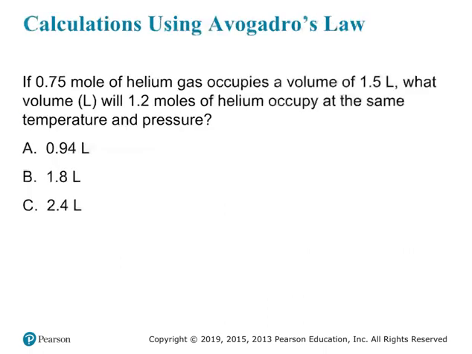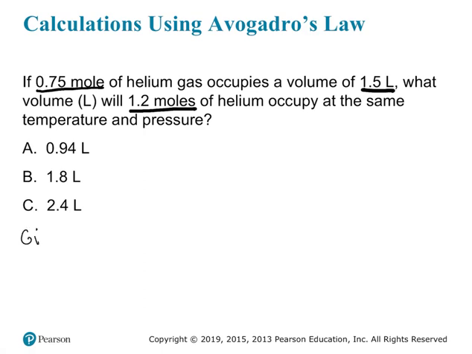So let's just do a quick practice problem using Avogadro's law. So if 0.75 moles of helium gas occupies a volume of 1.5 liters, what volume will 1.2 moles of helium occupy at the same temperature and pressure? And then we're given three options down below.